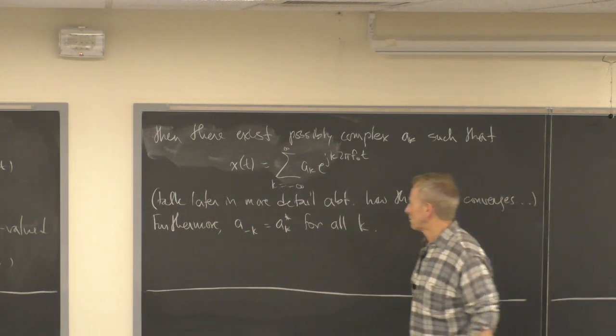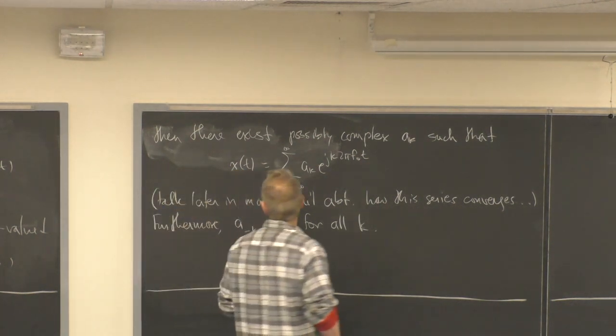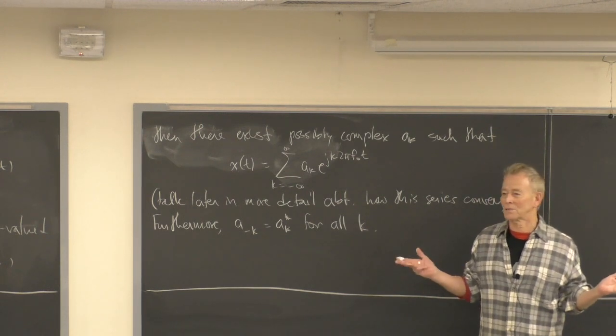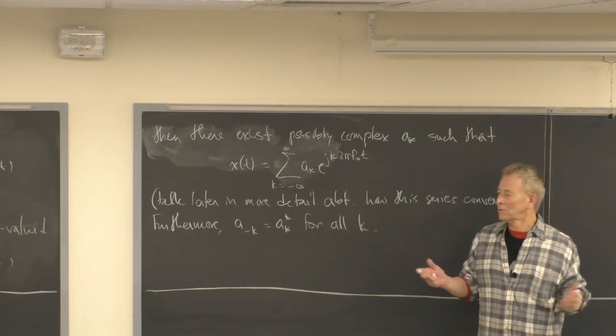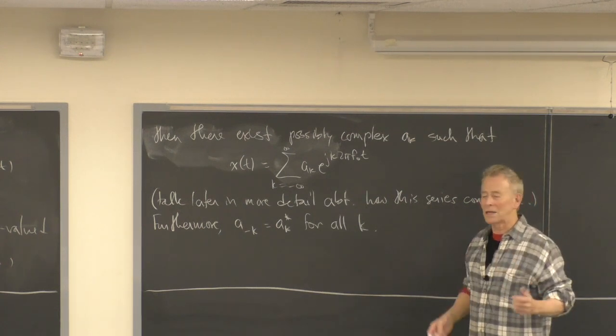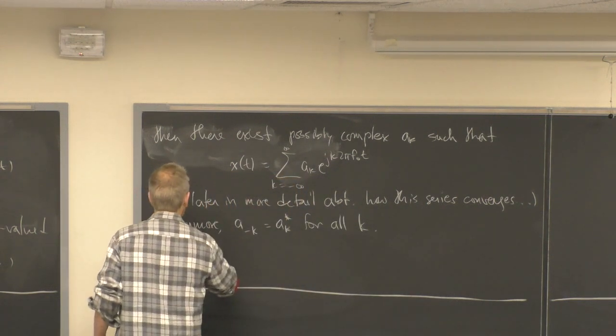So anyway, here's the question. How do you get the AKs? First off, how do people present you with the signal x of t? Generally, it's going to be a graph or a time function with an explicit t dependence.